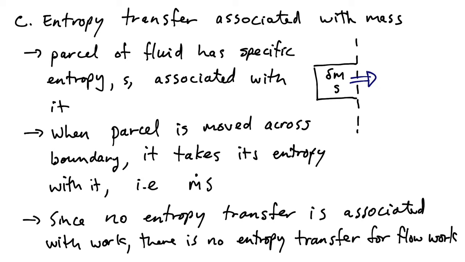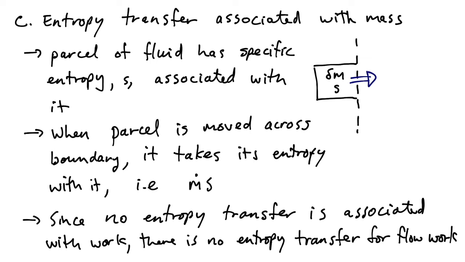As I mentioned, the parcel of fluid has a specific entropy s associated with it, and when the parcel is moved across the boundary, essentially it takes its entropy with it. And so if the mass flow rate across the boundary is m dot, the rate of entropy transfer across the boundary is going to be m dot s, expressed through this equation.